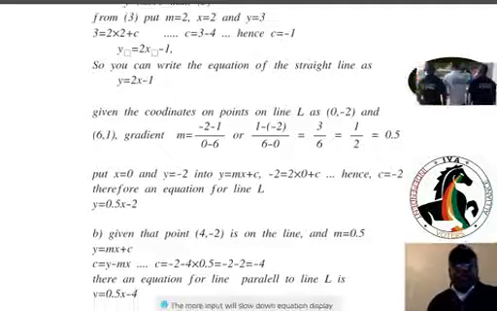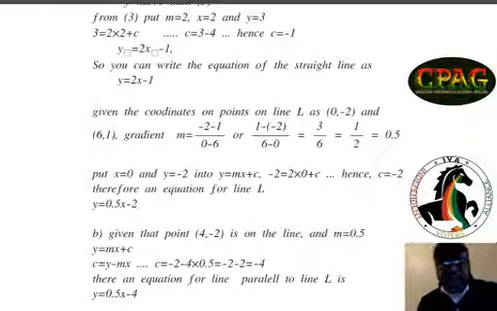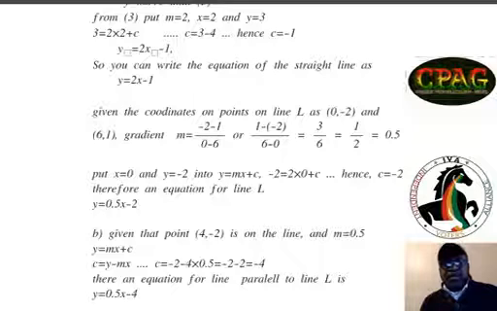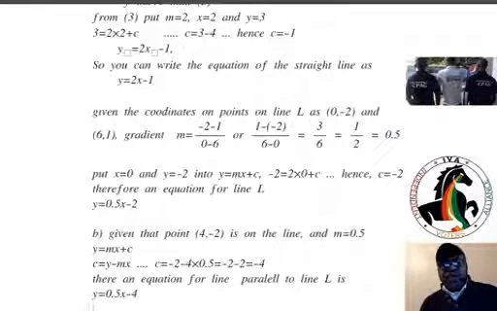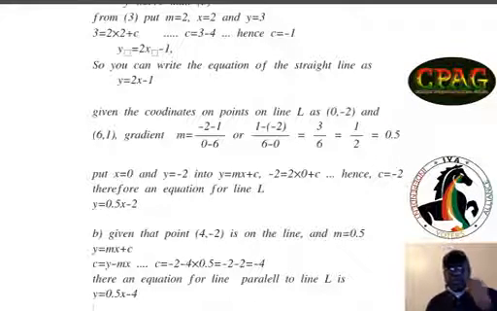So this is the equation of the line parallel to L, with one point on that line as 4, -2. That's it.